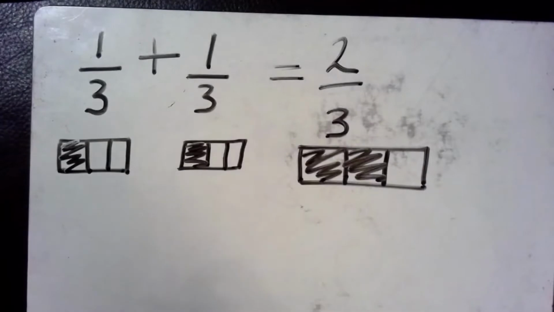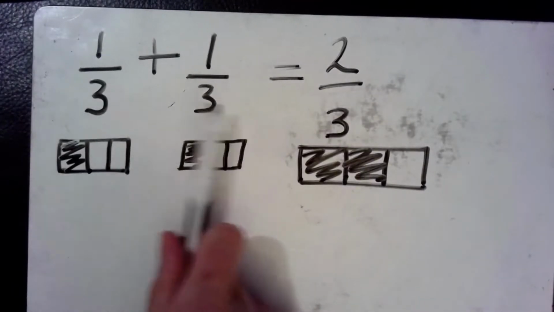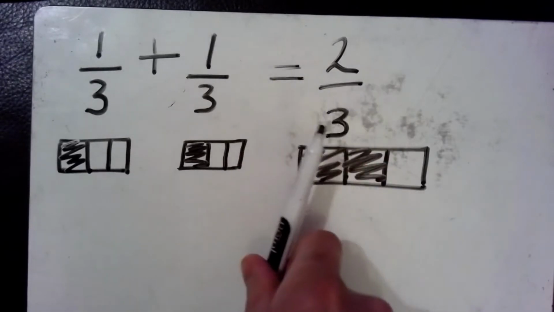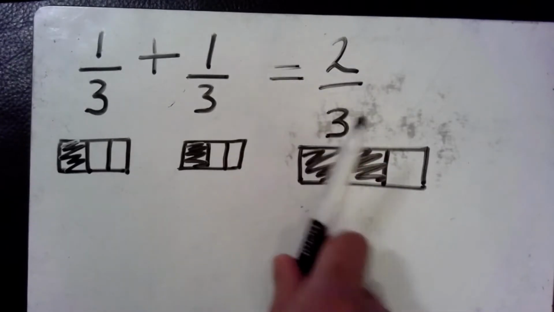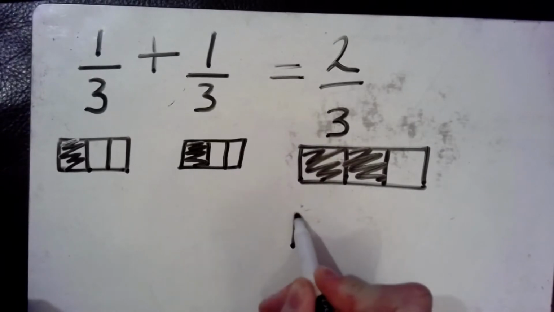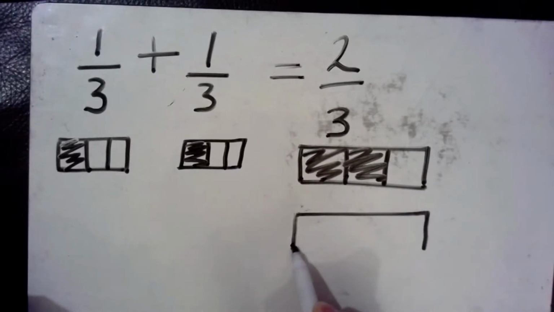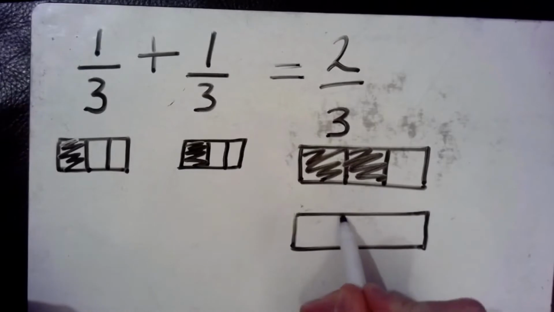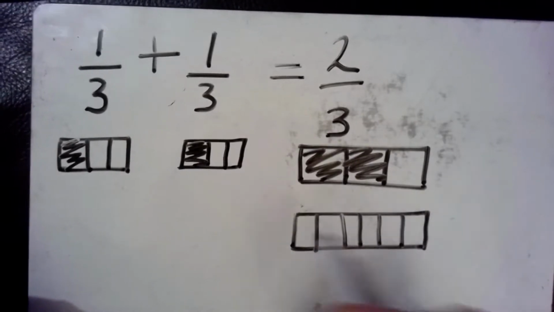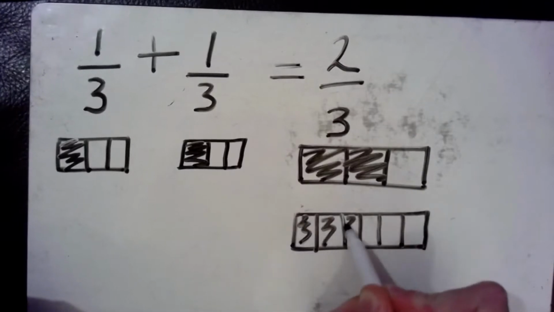Now, once we've done the addition or the subtraction, can we change the answer to an equivalent fraction? So I'm going to have a look at 2/3 here. And I know from the work I've done over the last couple of days that 2/3 is the same as 4/6.